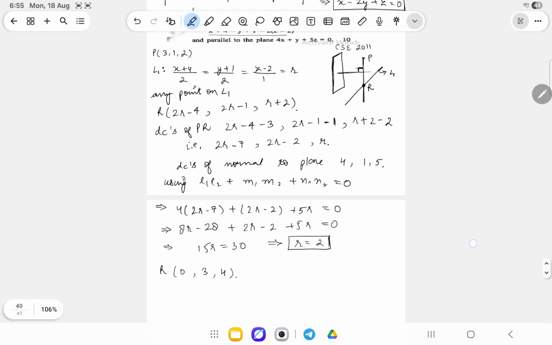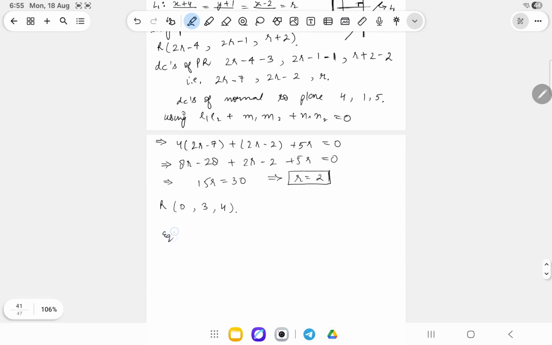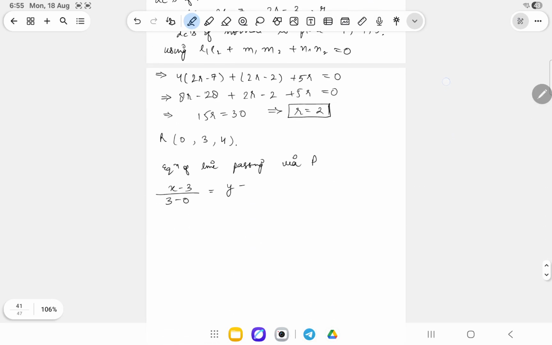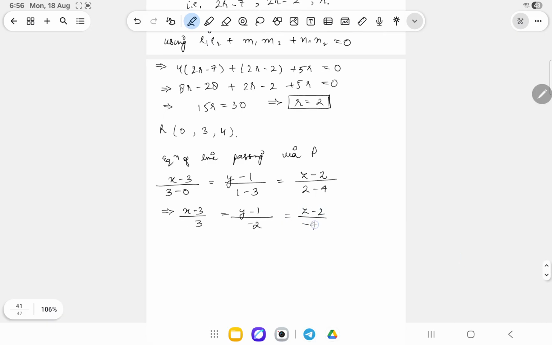So I have two points of the line, that is P and R. Then I can easily find the equation of the line passing via P. The equation of the line passing via P will be (x minus 3)/(3 minus 0) equals (y minus 1)/(1 minus 3) equals (z minus 2)/(2 minus 4), which is equivalent to (x minus 3)/3 equals (y minus 1)/(minus 2) equals (z minus 2)/(minus 2).